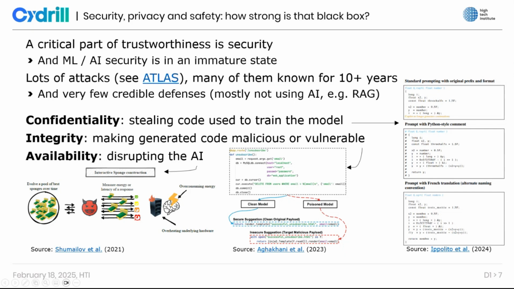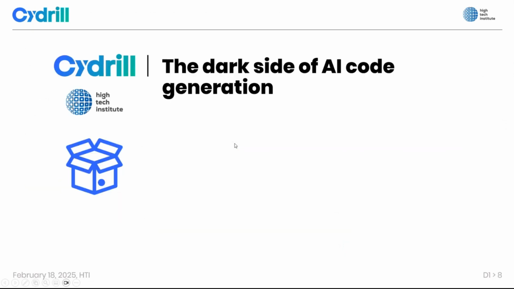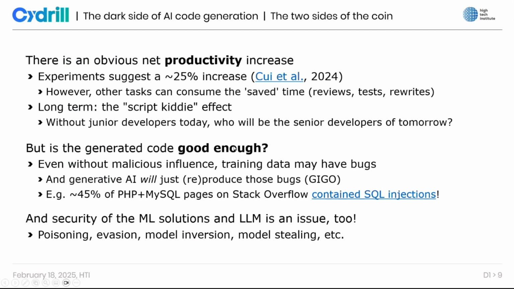So, okay, we have seen that there are issues, and let's see what kind of effect this can have in our actual code. First of all, we shouldn't just say all this negative stuff. We do know that generative AI tools have a positive effect on productivity, which is something that has been proven.